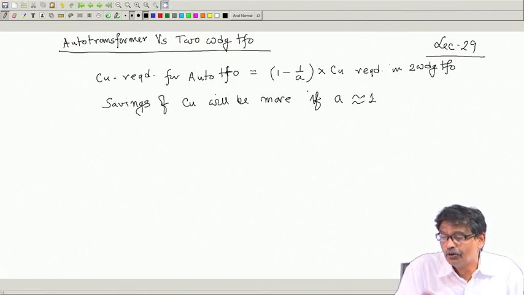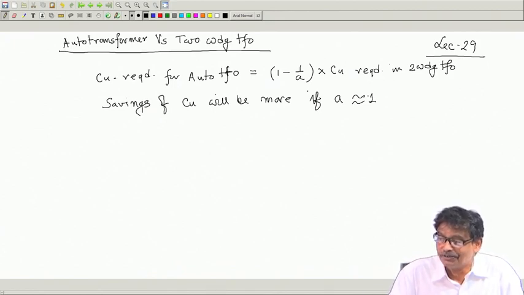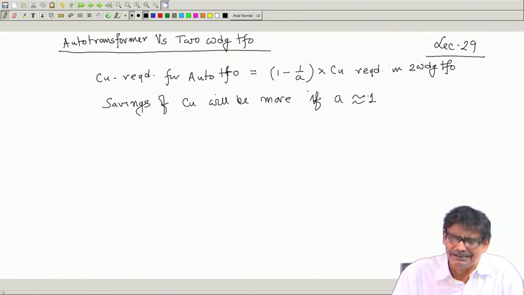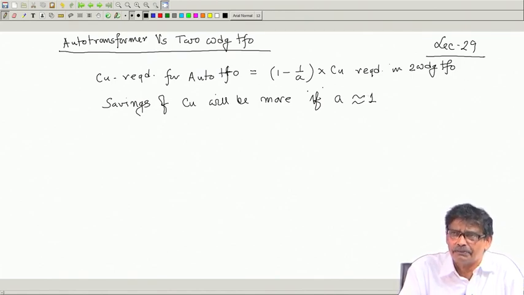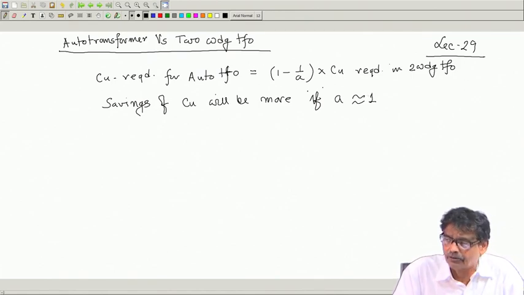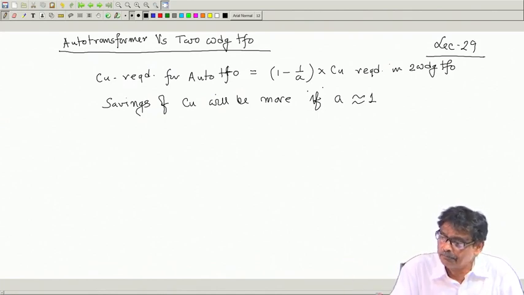In fact, if A equals 1, this mathematical expression says that the auto transformer does not require any copper. That is a critical point, forget about that. It simply means that no transformer is necessary; then the supply voltage is the same voltage you want.